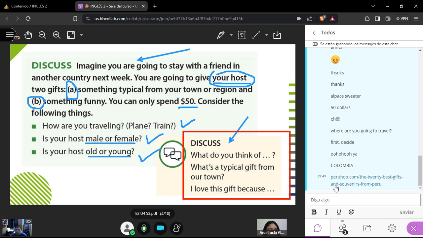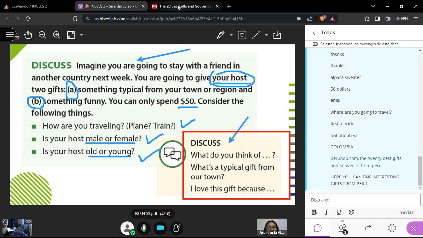right? So okay, let's decide how we are traveling, by plane or train. Yes, you are right. It could be more expensive.